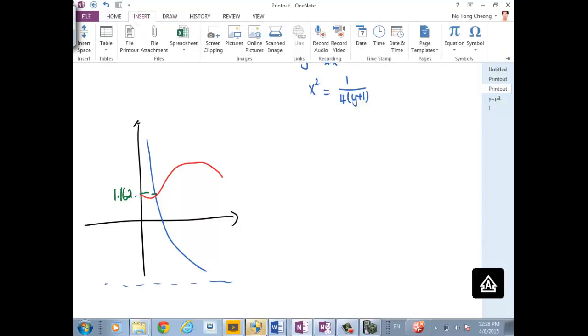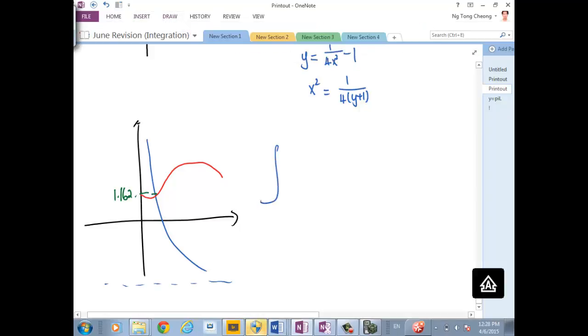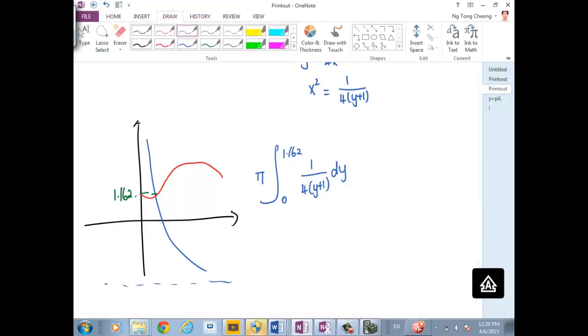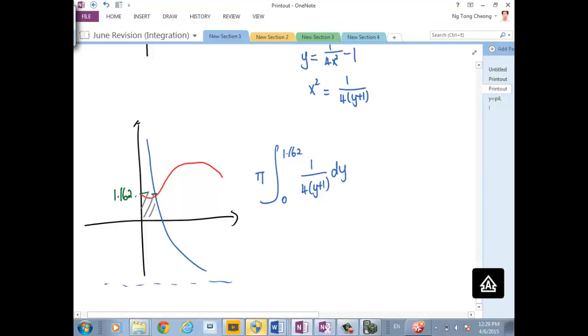If I were to integrate from 0 to 1.162 the blue color curve, which is this, this is the region that I'm going to get. Because this is the region that is bounded by my blue color curve and the y-axis. So when I integrate from 0 to 1.162, this is the region that I'm going to get.